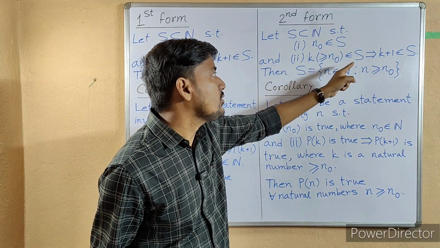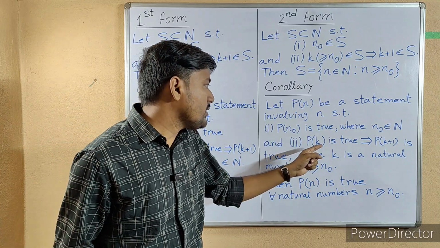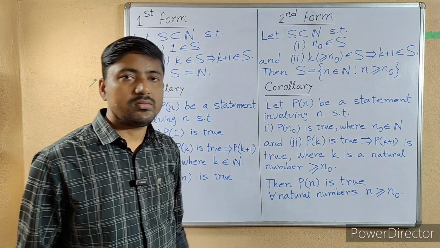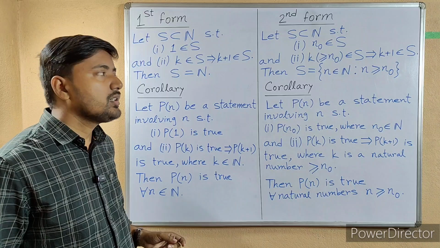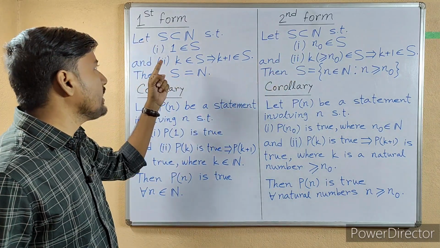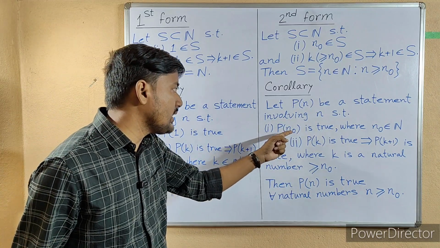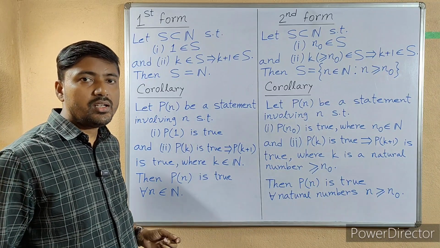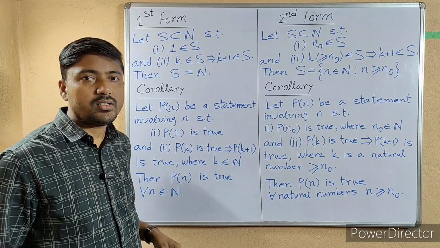Here k greater equal to n0, k belongs to S implies k plus 1 belongs to S, and here Pk is true implies Pk plus 1 is true, where k is a natural number greater equal to n0. Also notice that if we put n0 equal to 1 here, then we get this one, and if we put n0 equal to 1 here, then we get this one. So this is how we can remember this easily.